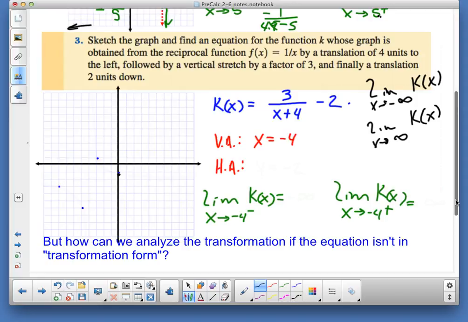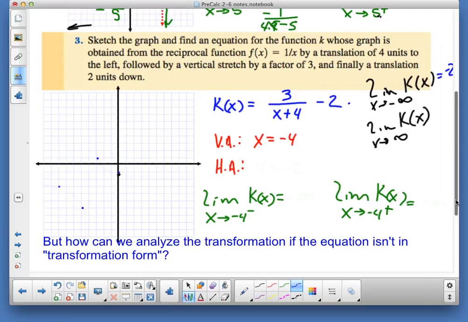Okay, it was me. I've got to be thinking about what those limits are going to be as I step through this. So as I go to -infinity, this value goes to 0. Here, that 3 over x plus 4 goes to 0. But then I have to subtract 2 from that. So I should be getting my HA there at -2.